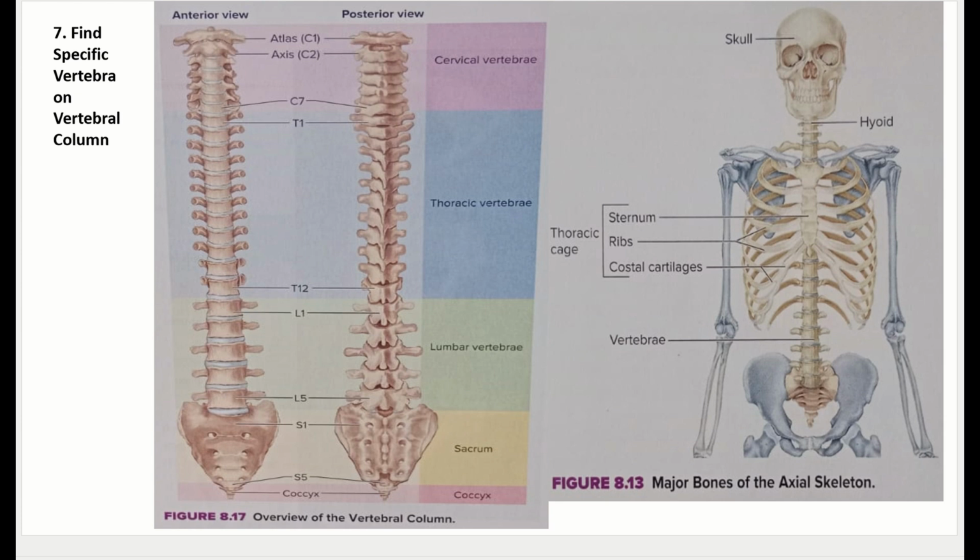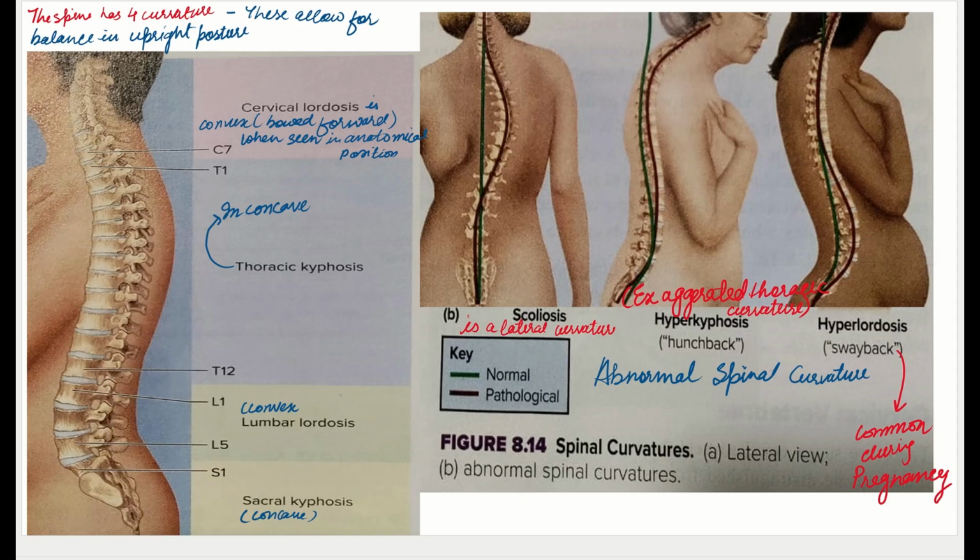There are 5 regions of the vertebral column, that is the cervical vertebrae, thoracic vertebrae, lumbar vertebrae, sacrum, and coccyx or coccyx. The spine of the vertebral column has 4 curvatures. These allow for balance in an upright posture, that is the cervical lordosis, thoracic kyphosis, lumbar lordosis, and the sacral kyphosis.